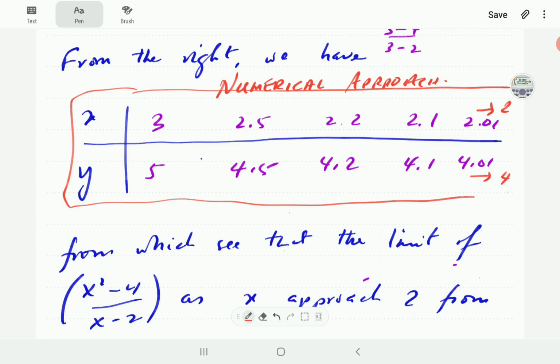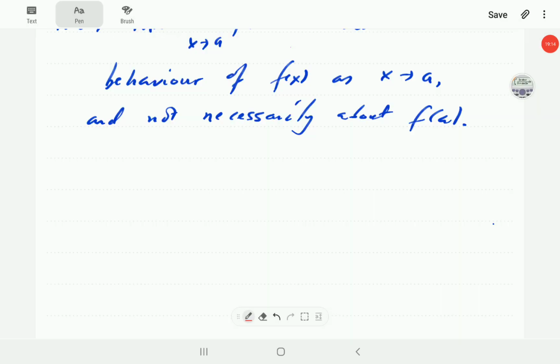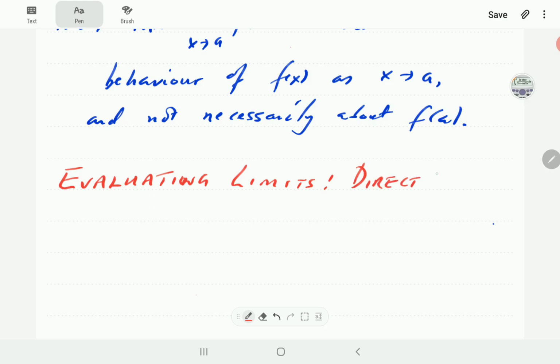Okay, we're now going to look at some examples, but before we look at the examples, we're going to start by stating a result for evaluating limits. This result is going to enable us to evaluate limits using a method called direct substitution.